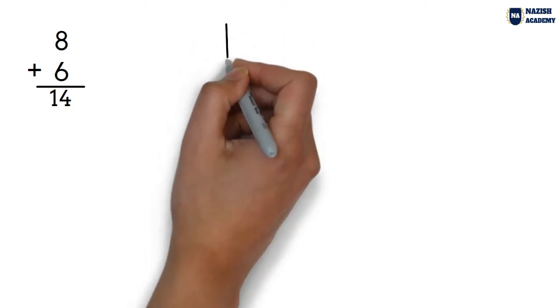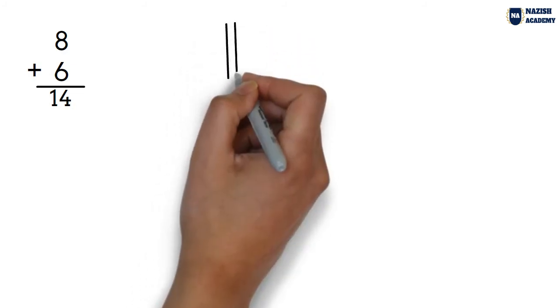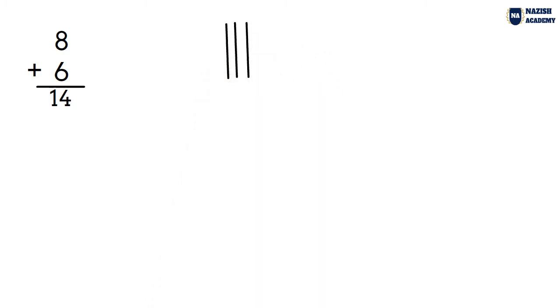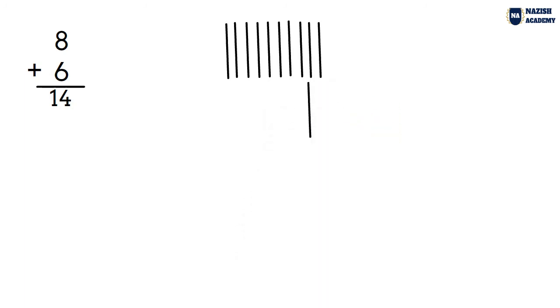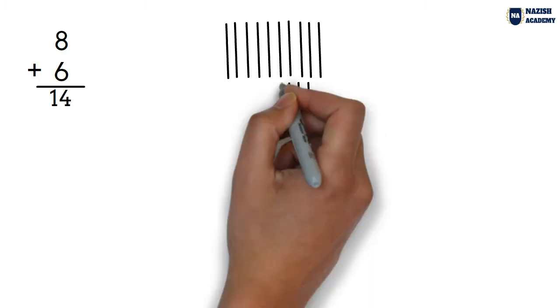Let's see. 1, 2, 3, 4, 5, 6, 7, 8, 9, 10. 10 sticks are there. And 1, 2, 3, 4 more sticks.